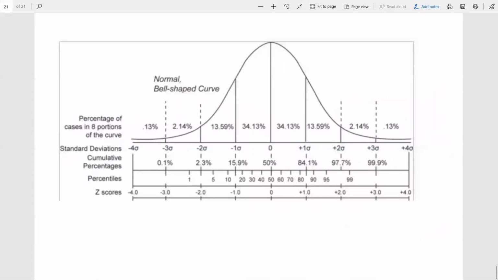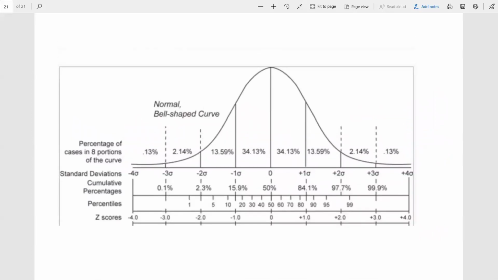And the last thing I'm going to show you is a curve that can be used to ascertain what percentage of the data is below your score and or above your score. And you can see the z-scores here. If you have a z-score of 0, it means you made the mean. If you had a z-score of 1, it means you're 1 standard deviation above.